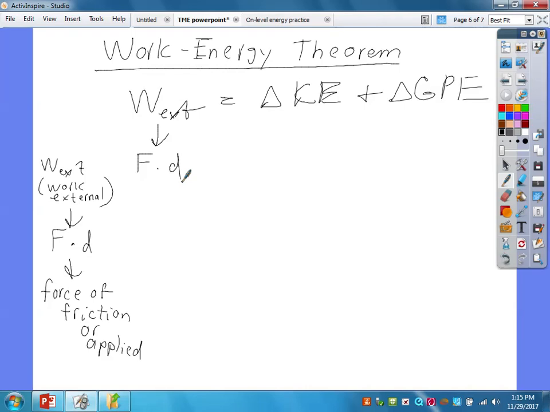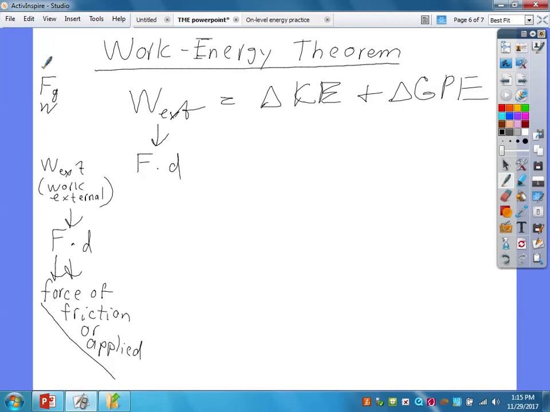What we're going to be looking for in most of the problems, though, is when is there an external work? When is there something outside acting on my object? The forces you're looking for: is there friction or is there an applied force in the problem? If you don't see either one of those, there is no work external. I did not include gravitational force.